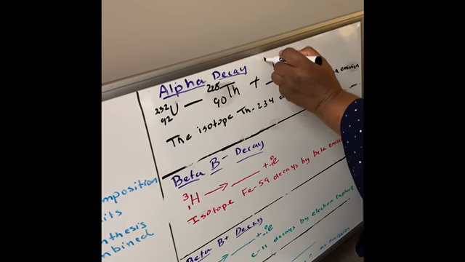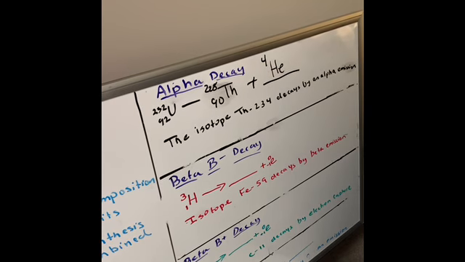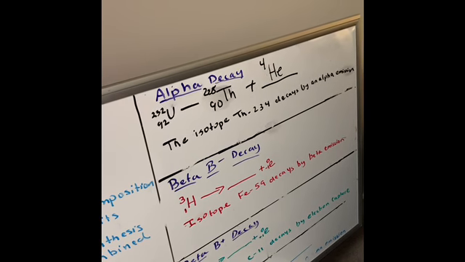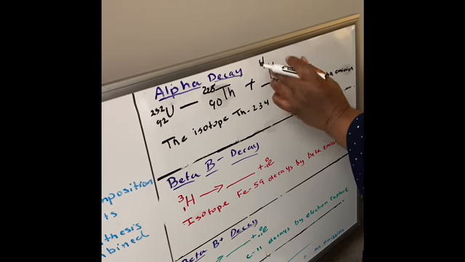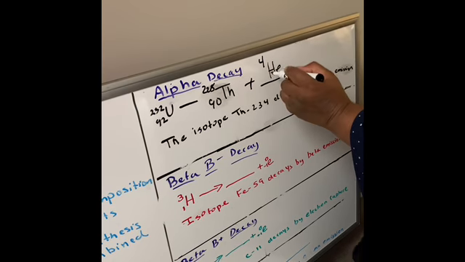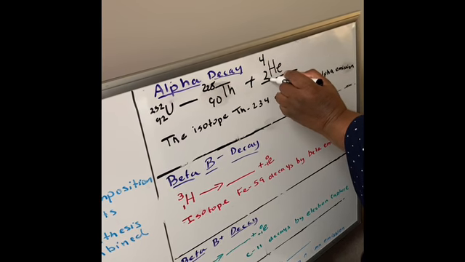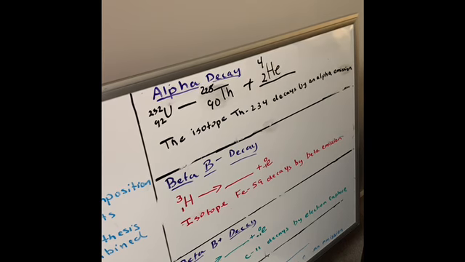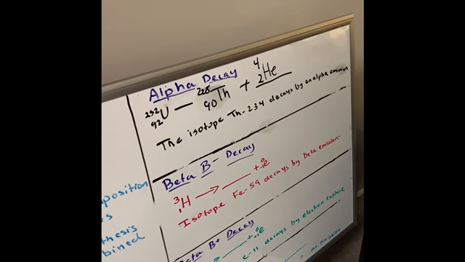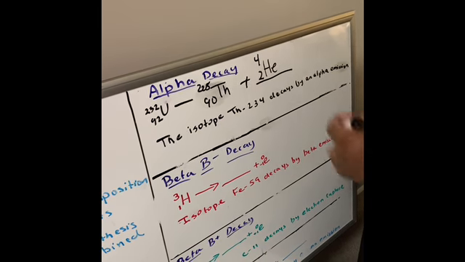And so we have to also make sure that we have the atomic mass for helium, and also the atomic number as the subscript, just like we do with all of our isotopes.